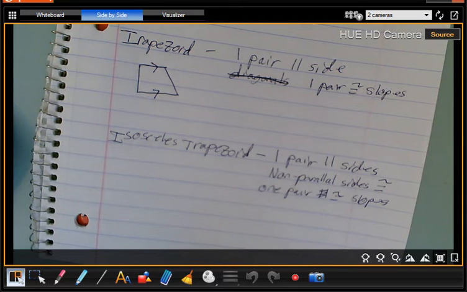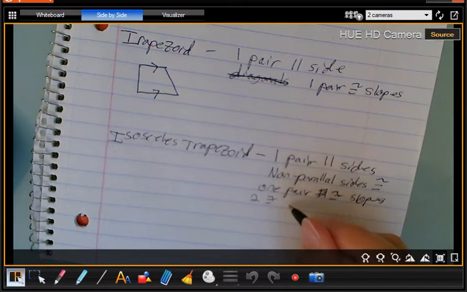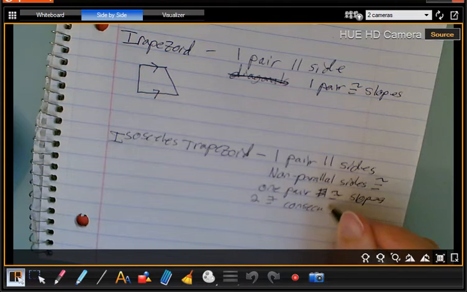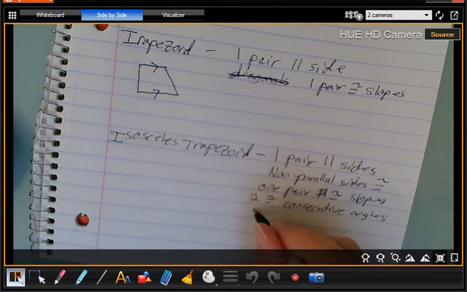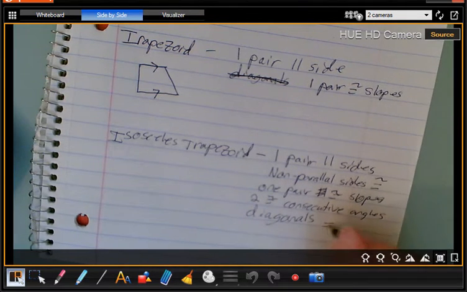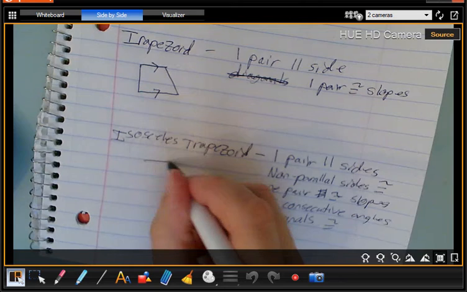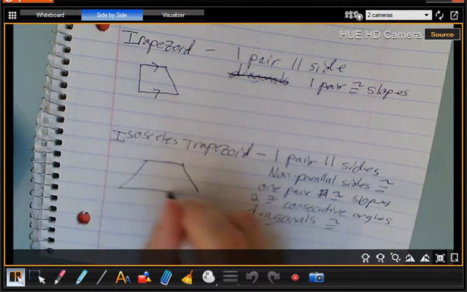It has two congruent consecutive, that means next to each other, angles. And the diagonals are congruent. So if I draw an isosceles trapezoid, it kind of looks like a triangle with the top cut off.